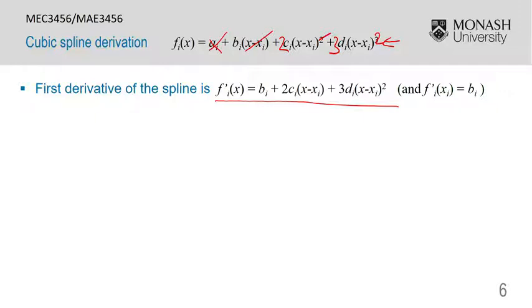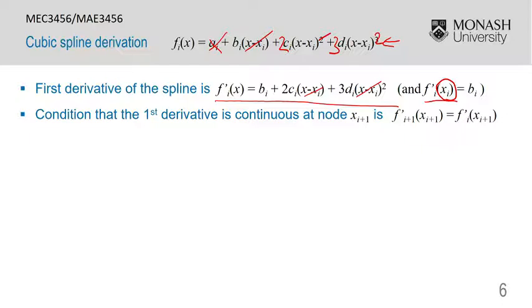And of course, pretty much as we did before, if we evaluate the derivative of this spline at the point xi, these terms here drop out, and we can see that the first derivative of the ith spline at xi is just equal to the nodal coefficient bi.